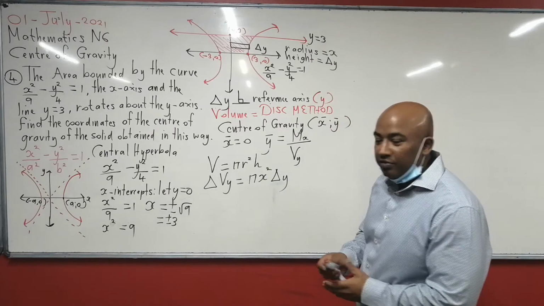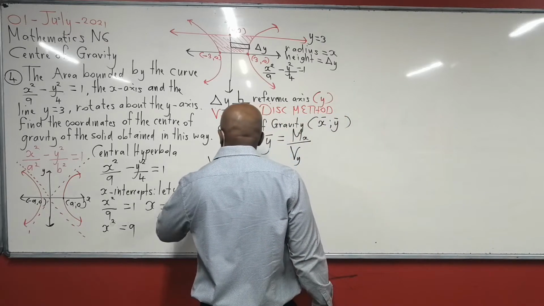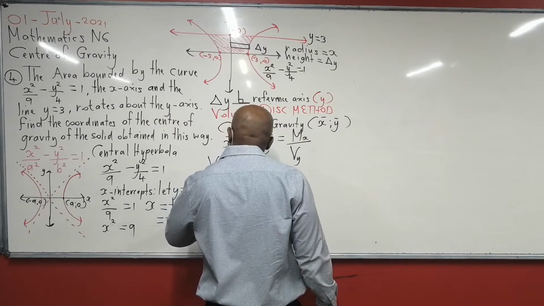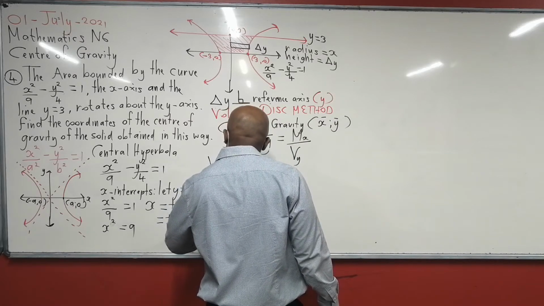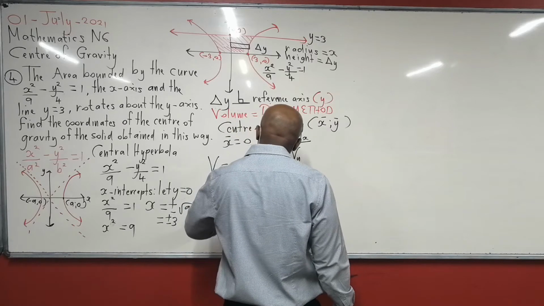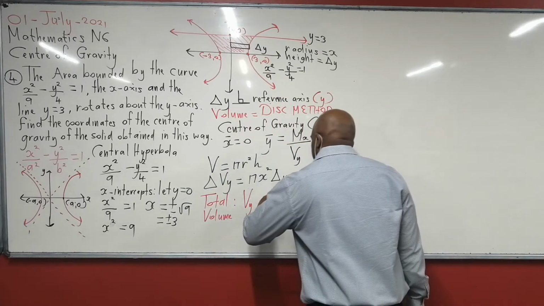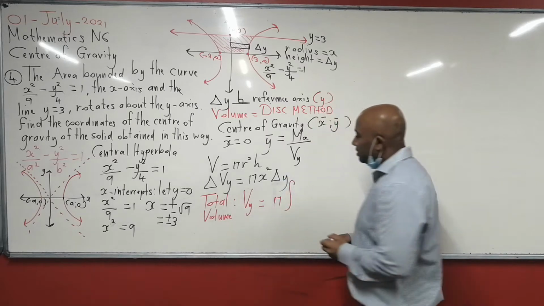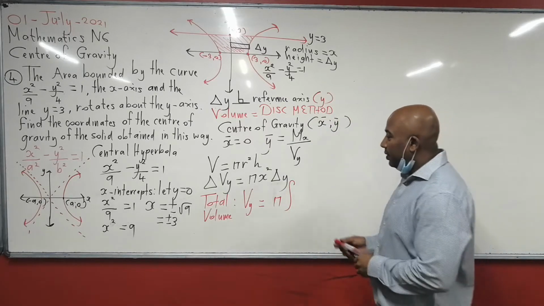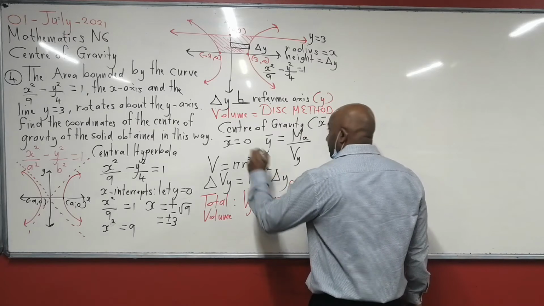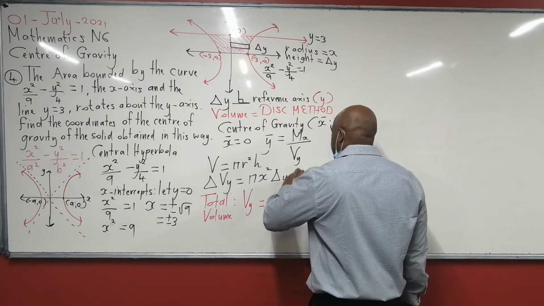Now we write down the formula for total volume. We've got pi, which is a constant. We are integrating using y values, so that will be c and d.